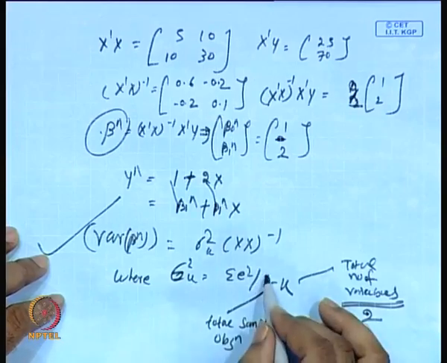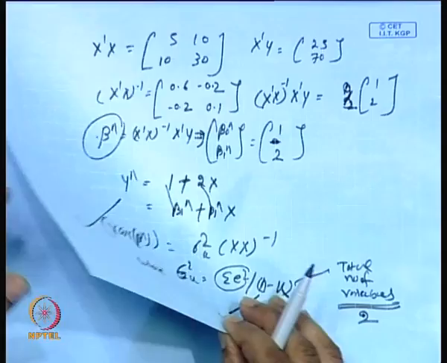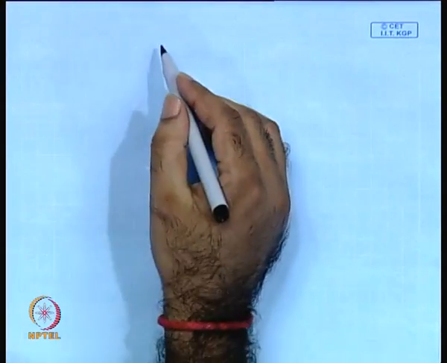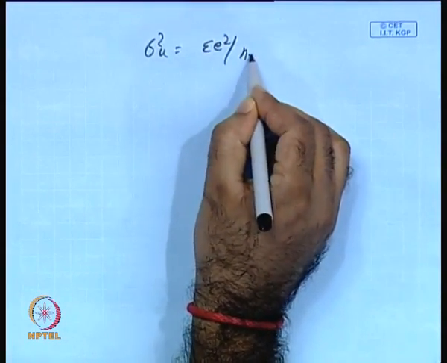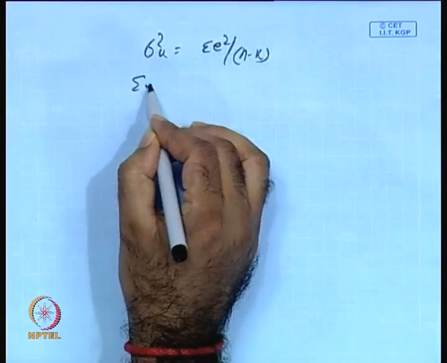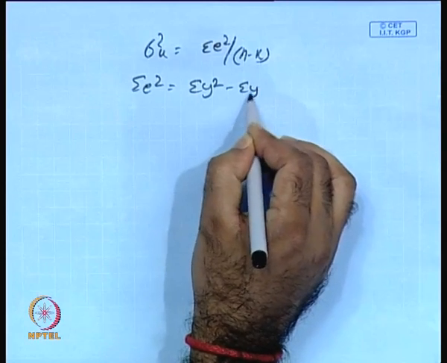Now we would like to know what summation u square is. Summation u square equals summation y square minus summation y head square.